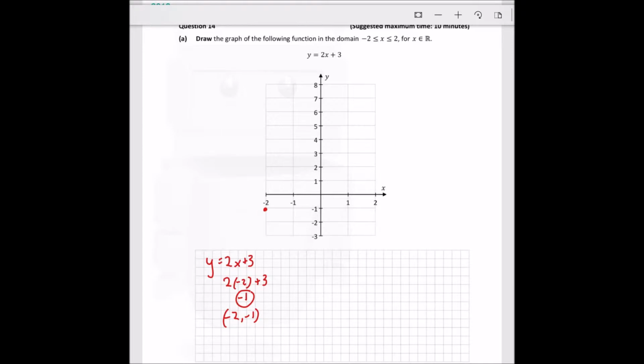Second one, put in minus 1. 2 multiplied by minus 1, minus 2 plus 3, which is 1. We get out 1 when we put in minus 1. So minus 1, 1. Then our next point.